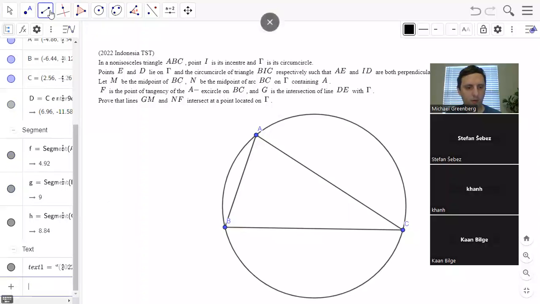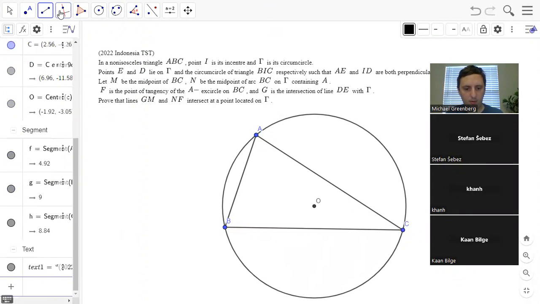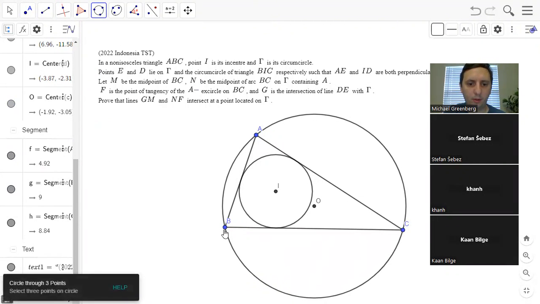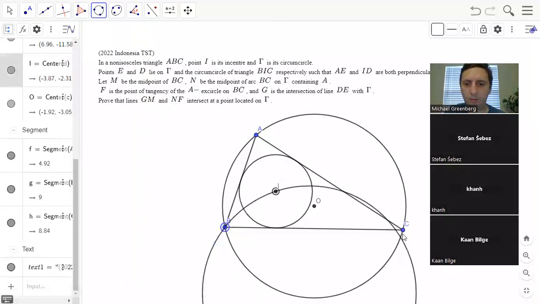A, B, C. E and D are on the circumcircle BIC, so the center of that is obviously the midpoint.